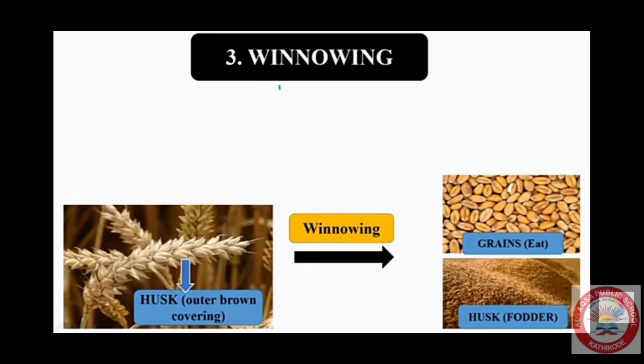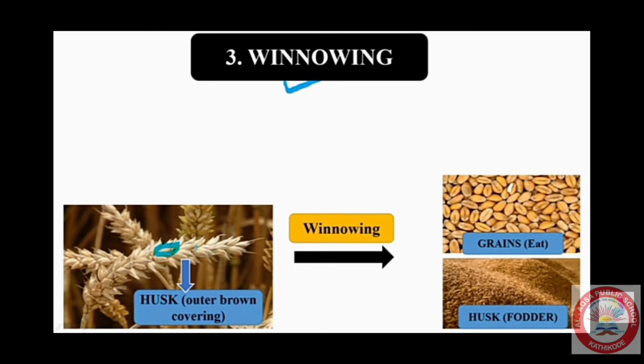The third process is winnowing. We know that we can separate grains from stalks by threshing. But the grains have an outer covering that is known as husk. Can you see that one? The outer covering is brown in color.